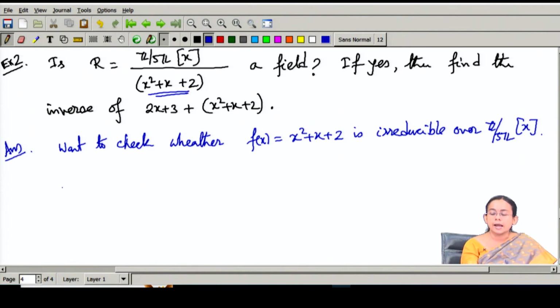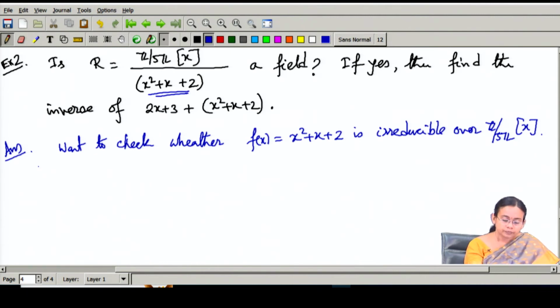You can see that if it is reducible, then it can be factored as a product of two linear polynomials. That will be possible if it has any root in this Z quotient 5Z set, and you can observe that f of 0 bar, 1 bar, 2 bar, 3 bar, 4 bar, none of them is 0.